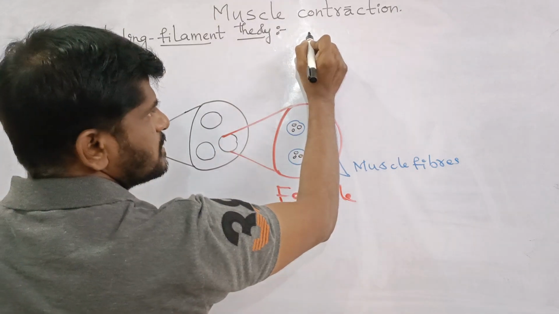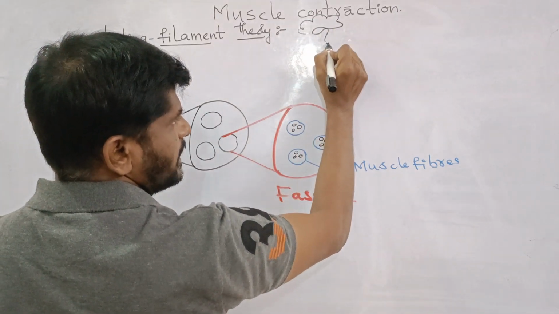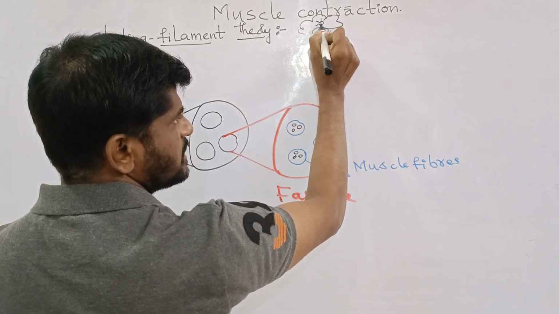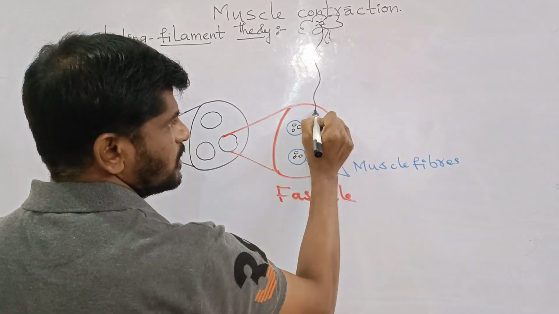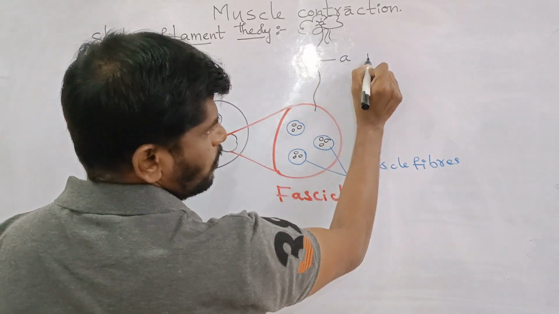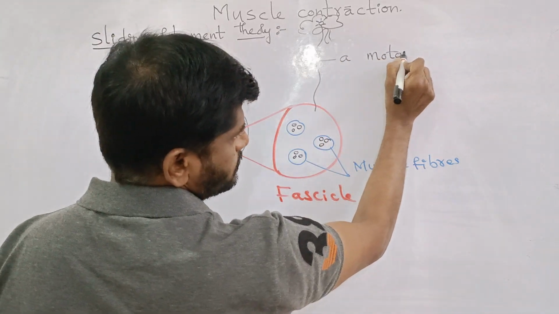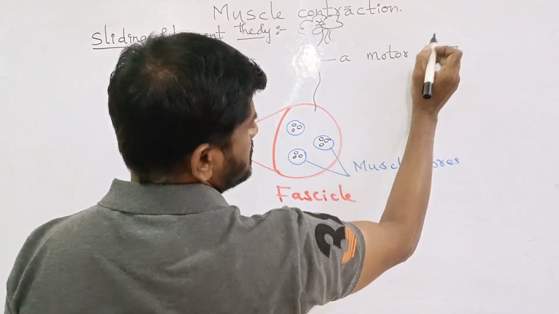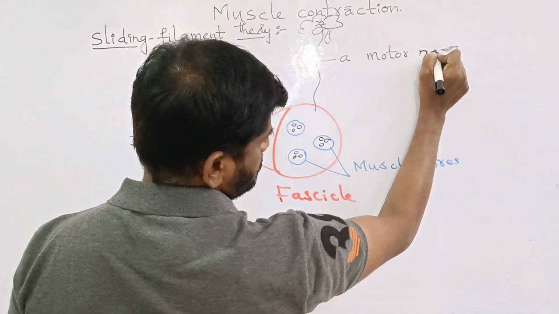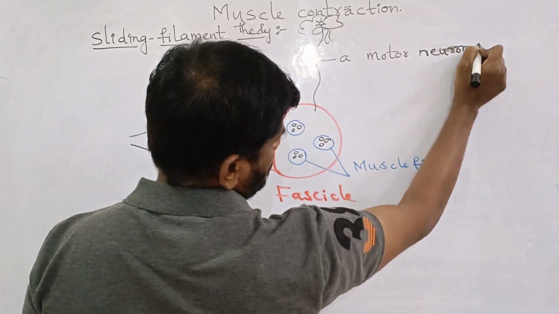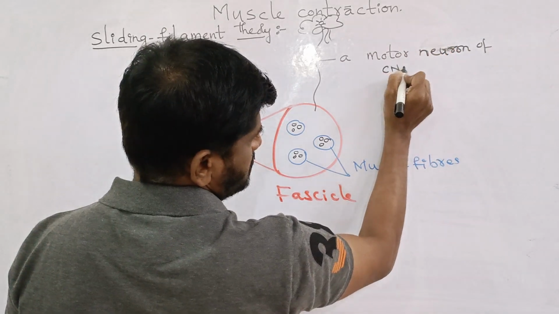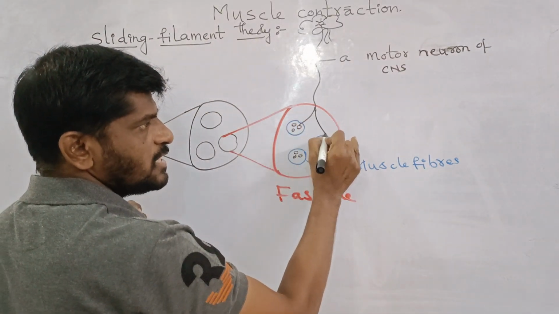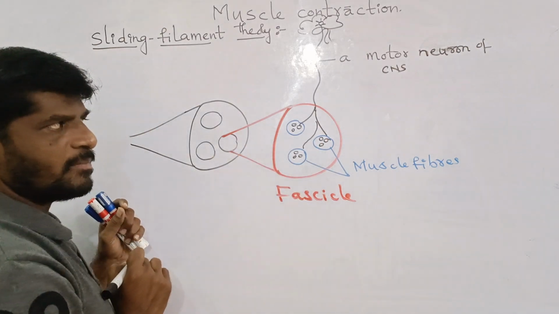So this is the central nervous system, the brain. From the brain, a motor neuron, for example, this is the cyton and this is the motor neuron, innervating a set of muscle fibers. This is the muscle fiber.